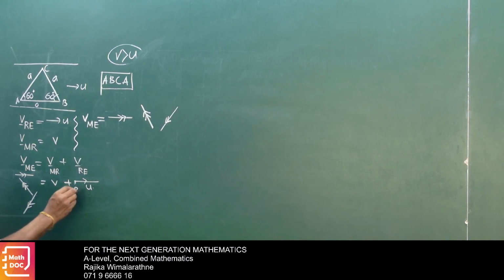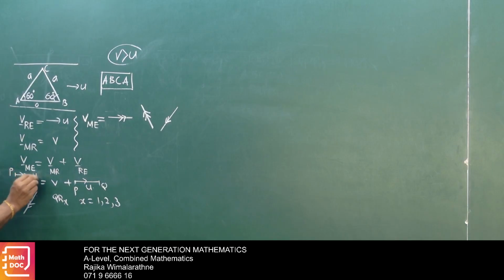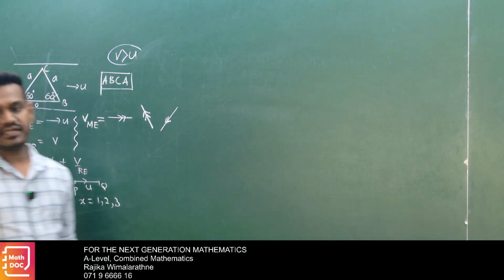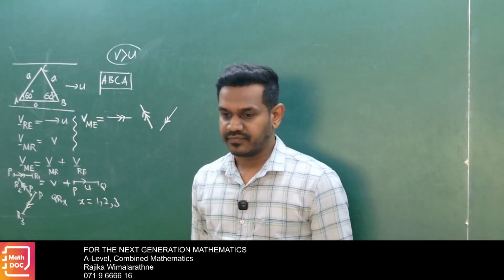Then PQ vector, here QR vector, we have three cases, put x equal to 1, 2, 3. Then here PR1, here PR2, here PR3. Likewise, you get all three cases at once. Now continue.